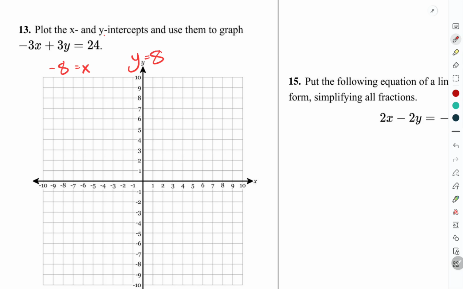The other way would be to solve for y. And I would get 8 minus 1x equals y. Okay, either way, y is positive 8, x is negative 8.